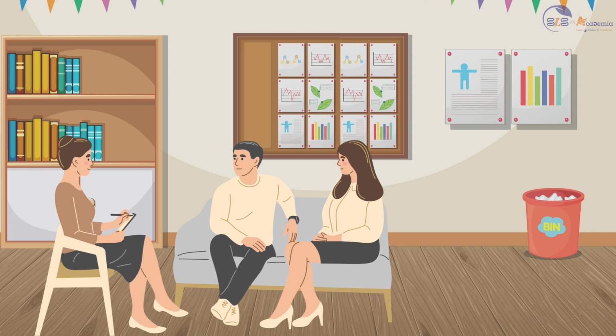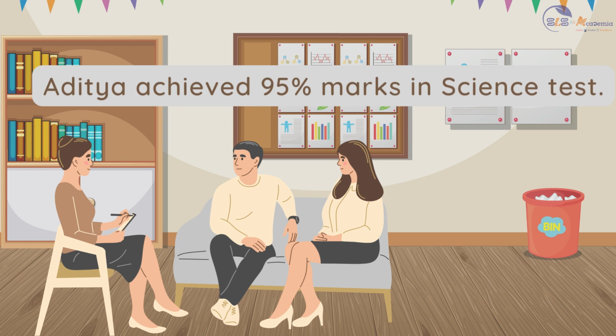She will use a declarative sentence to convey the information clearly and effectively. She will say, Aditya achieved 95% marks in science test. This is an example of a declarative sentence because she is giving information about Aditya.